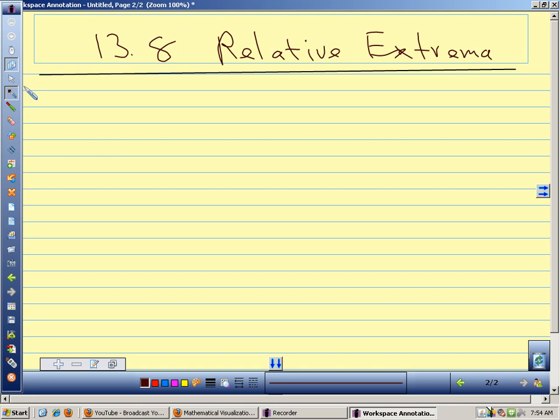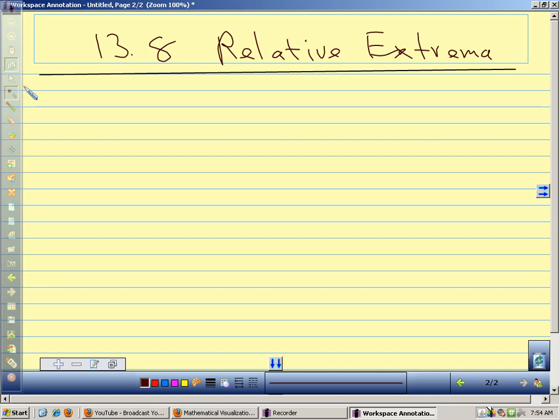So when we had a single variable function, the extreme value theorem tells us that a continuous function always obtains a maximum or minimum on a closed interval. We have a similar thing for multivariable functions.